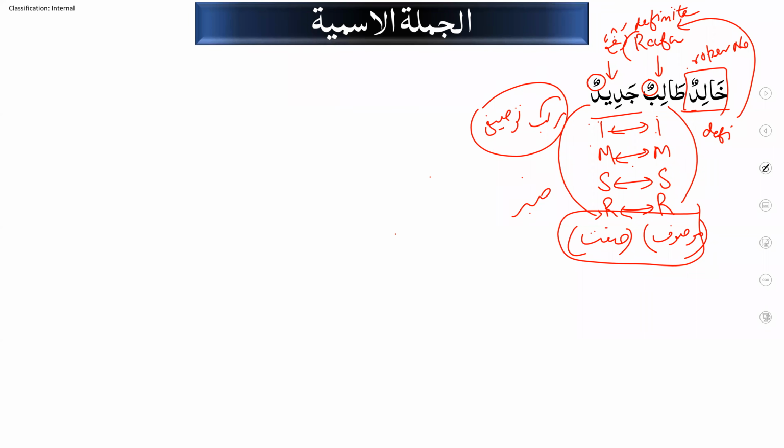Khalid is a new student. So when you translate in English, you first write new and then student. Why am I using a? Because it is nakira. Khalidun talibun jadidun. Khalid is a new student.